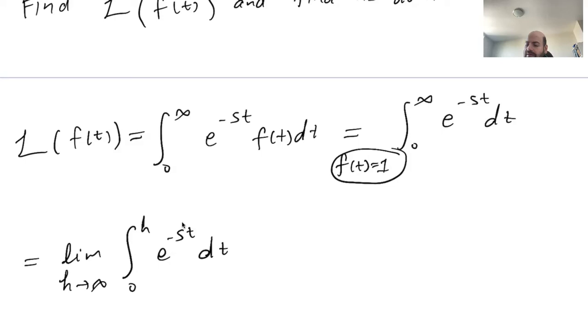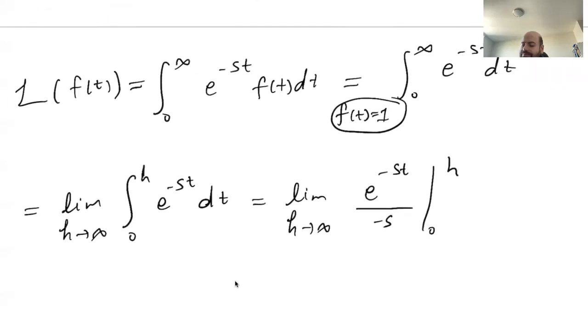We are integrating with respect to t, so s is like a constant here, like e to the power minus 2t, for example. The antiderivative of e to the power minus 2t is e to the power minus 2t divided by minus 2. Similarly, the antiderivative of e to the power minus st is e to the power minus st divided by minus s. So this is equal to the limit as h goes to infinity of e to the power minus st divided by minus s, from 0 to h.